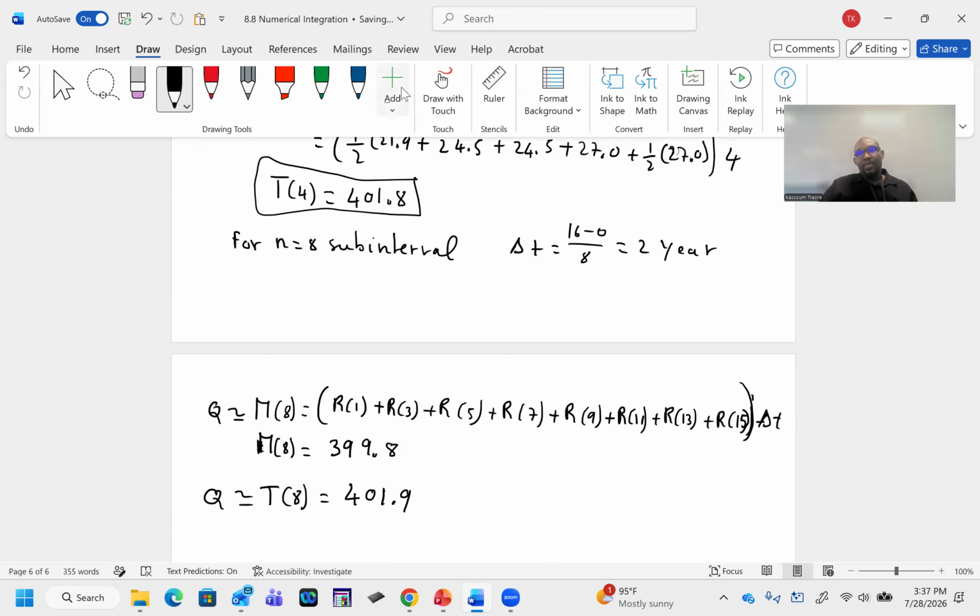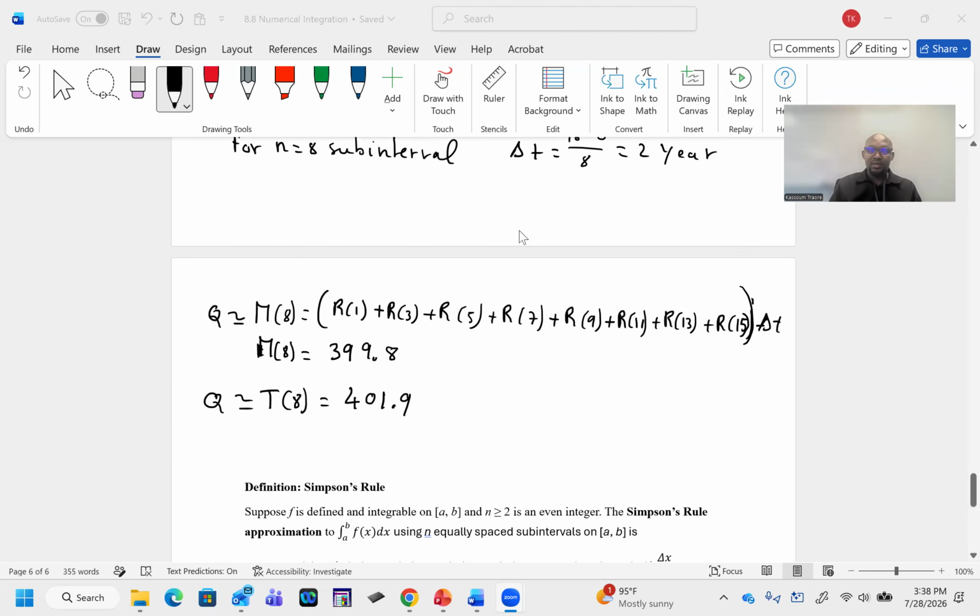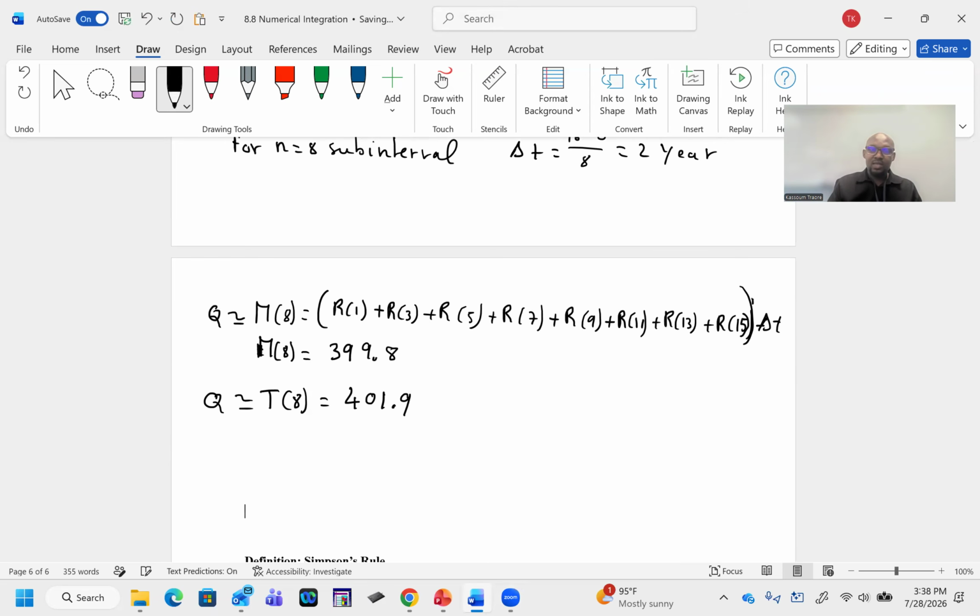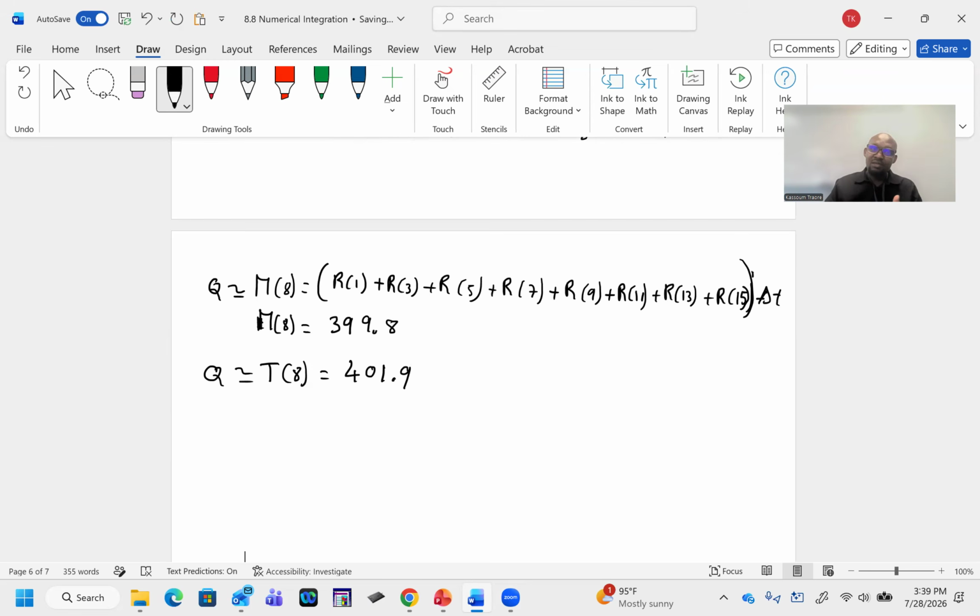Okay, so once you do both, I want you to know this rule. Once you know Tn and Mn are known. If you want, you can go ahead and find M of 16 and T of 16 as well.